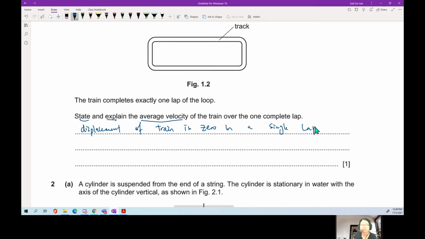You move 1 lap, displacement of the train is 0. If the displacement of the train is 0, hence average velocity is also 0. One mark. You need both points: displacement 0, average velocity 0.